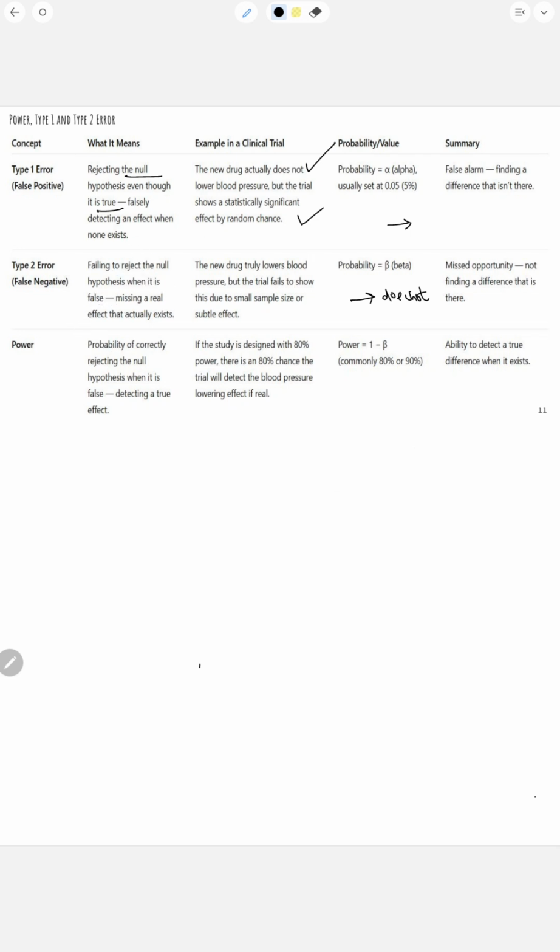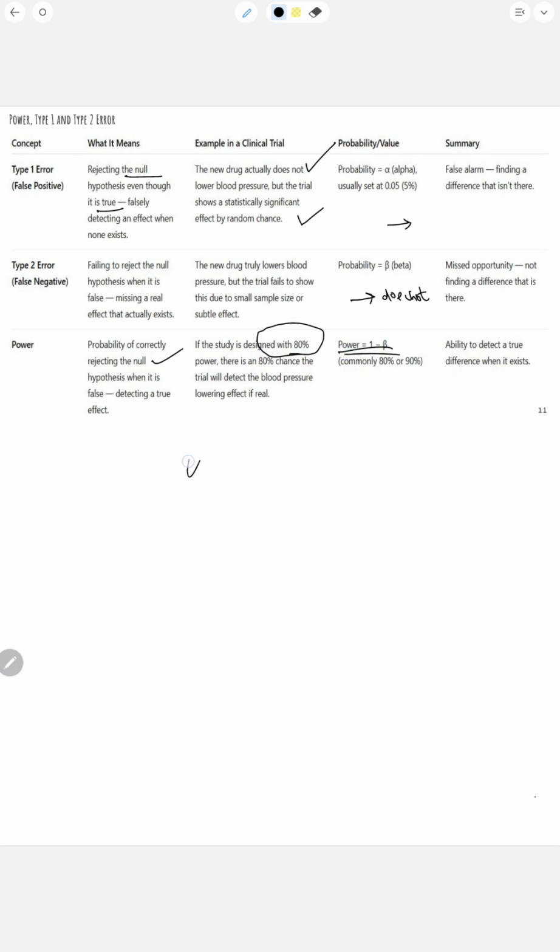So power is the probability of correctly rejecting the null hypothesis when it is false. Essentially, how confident you are that what you have concluded is true. And generally speaking, for most studies, you want the power to be 80%. All right. And it is given by the equation 1 minus type 2 error.